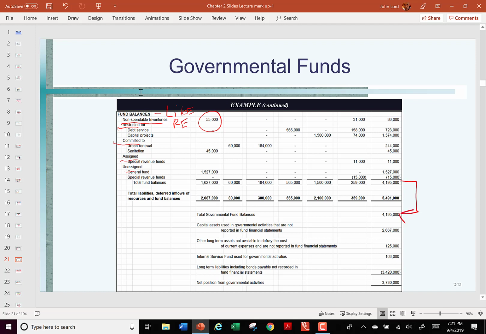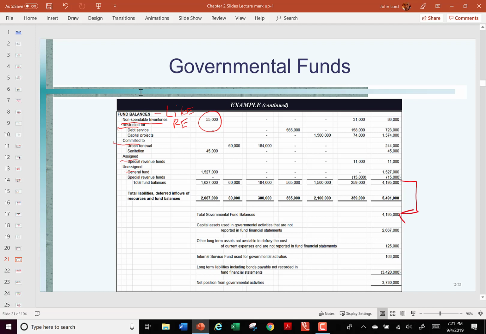So we show the total governmental fund balance, and we start doing things like adding equipment. Because we don't report equipment at the fund level. We do report it at the government-wide level, don't we? So we add in the equipment. I showed you that last time, how that reconciliation would work with $1,000, whatever.